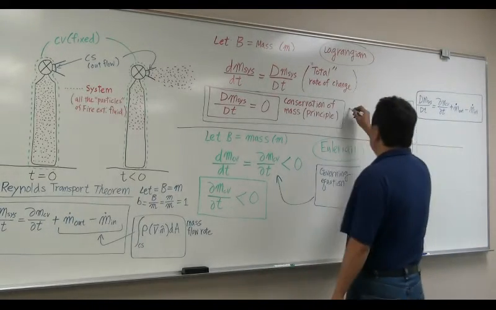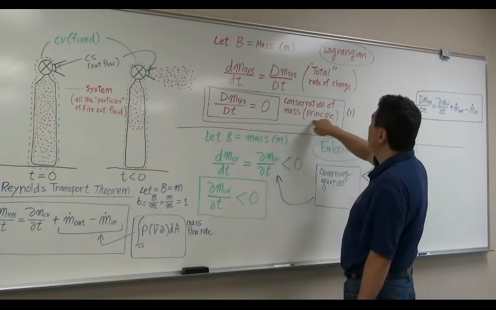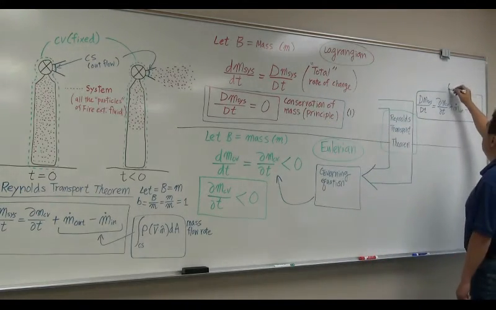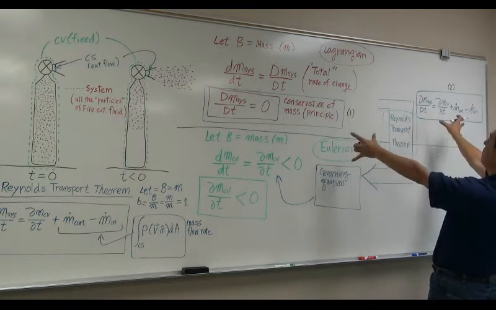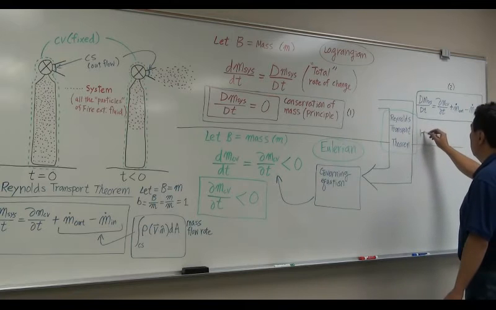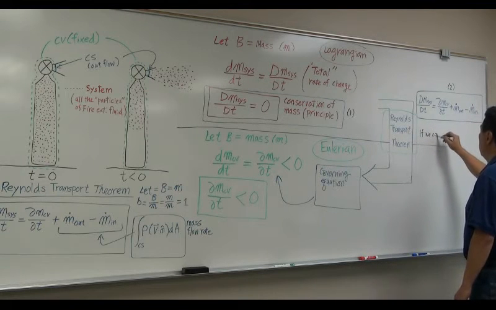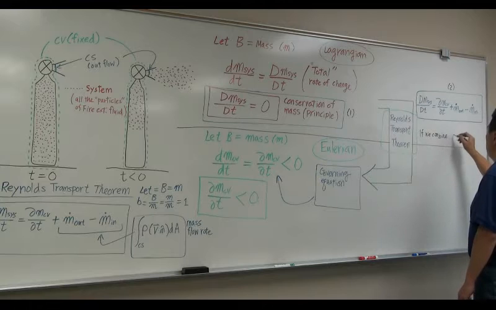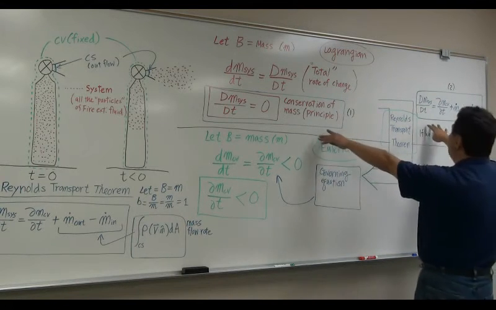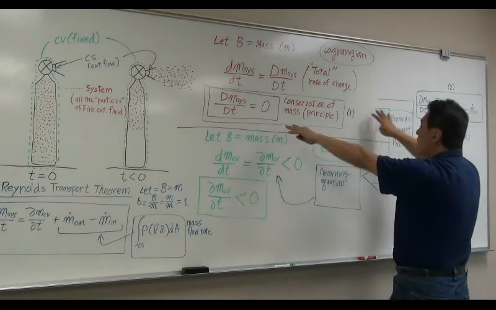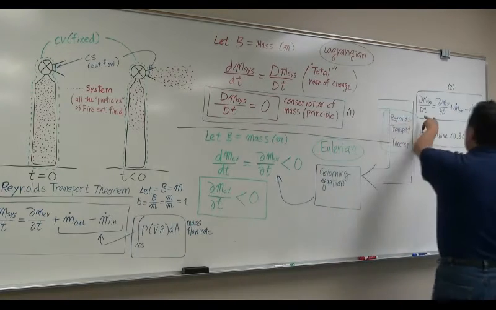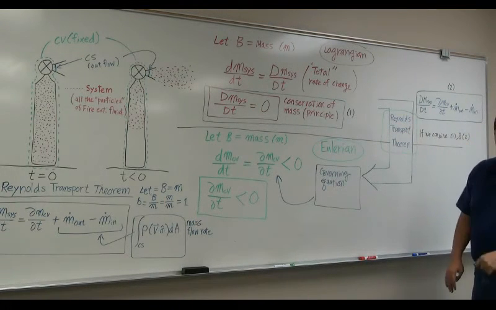So let's say this is equation 1, principle of conservation of mass. This is equation 2, Reynolds transport theorem. Can we combine those? Yes, we can combine those. If we combine 1 and 2, what do you have? Oh, wait a minute. Equation 1 says dm_sys/dt, the left hand side, is 0, right?